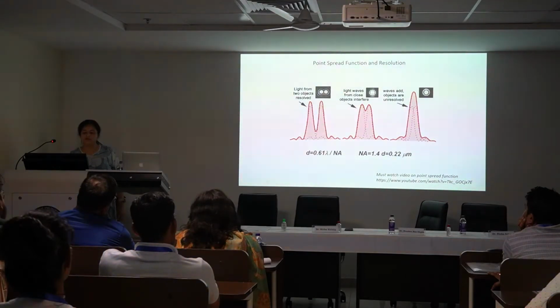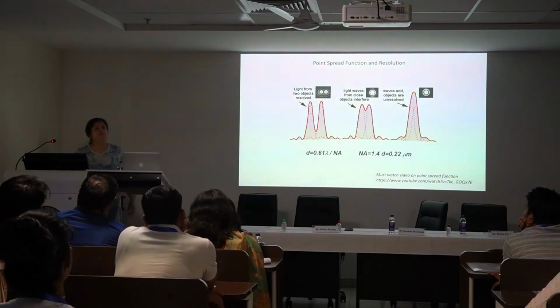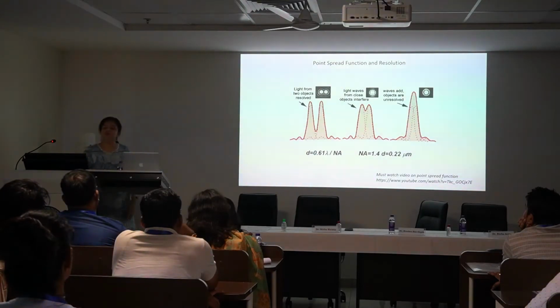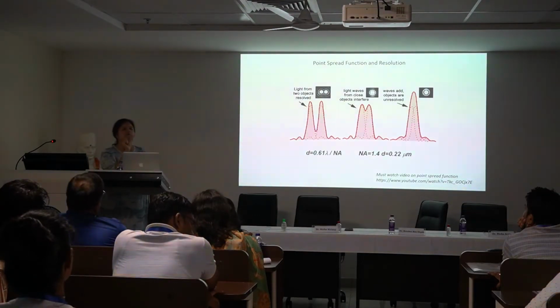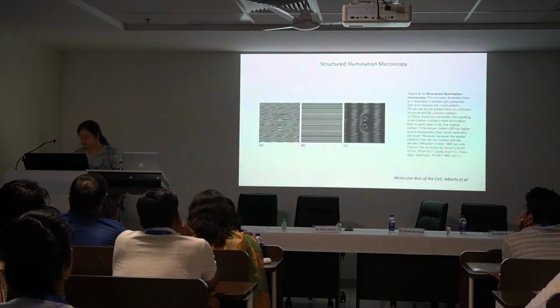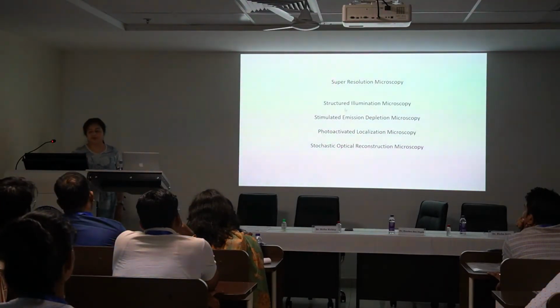It has this major peak and then these minor peaks. Can we, for example, reduce the Airy disk itself? Can we reduce the spread of this light? Can we capture light from a very small region? That is the goal of these first two, especially STED, not so much structured illumination.